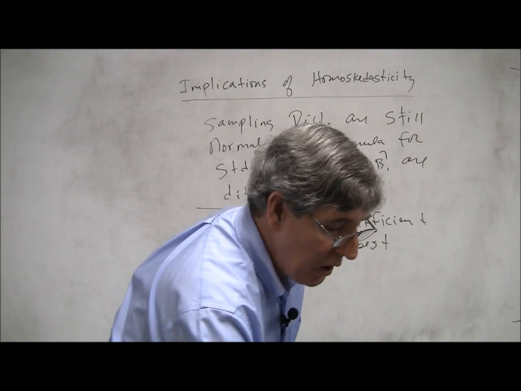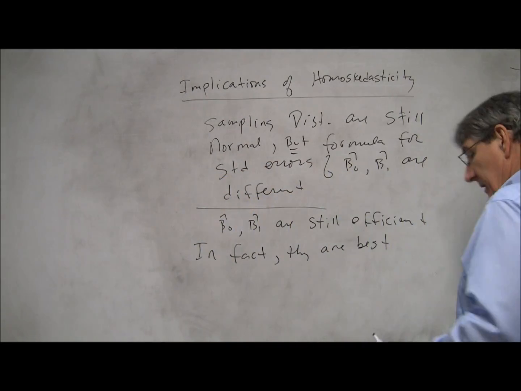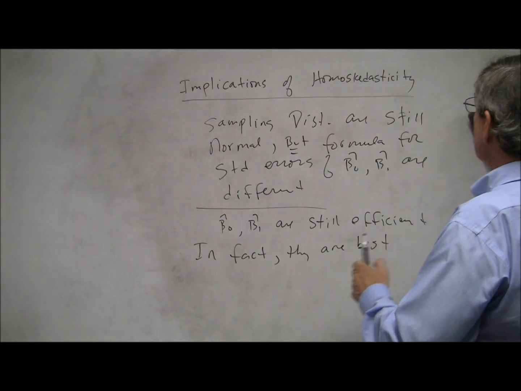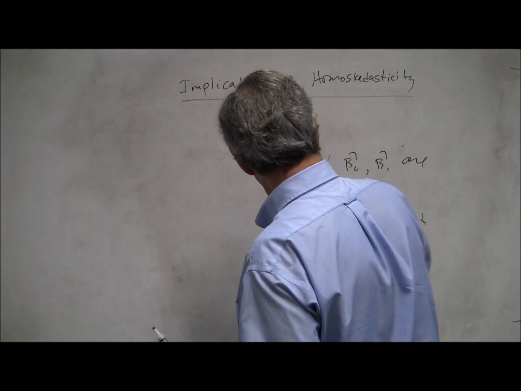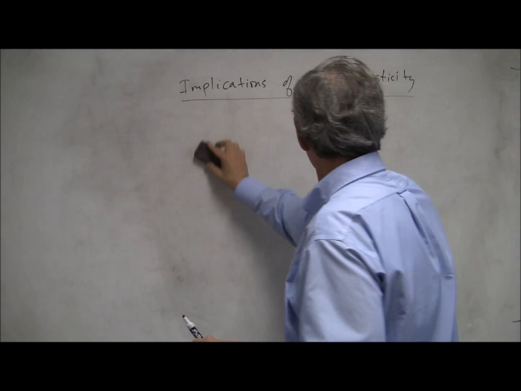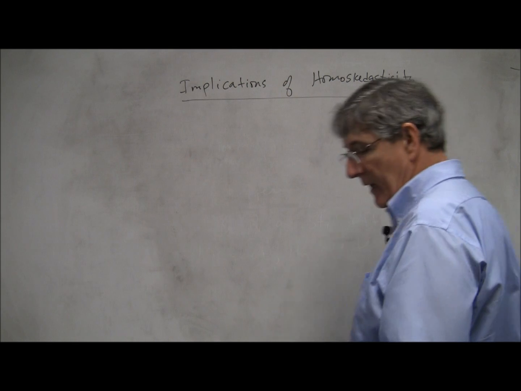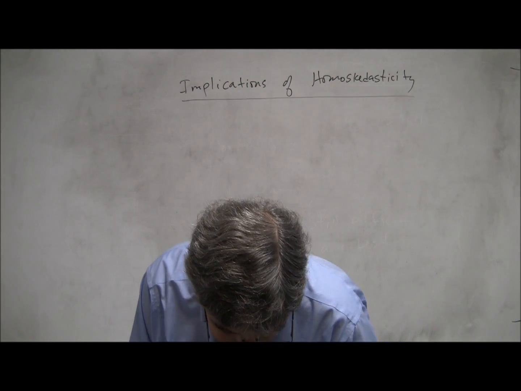So let's look at these standard errors that are now different. That's the main change: under homoscedasticity, we get a simplified formula for the standard errors.